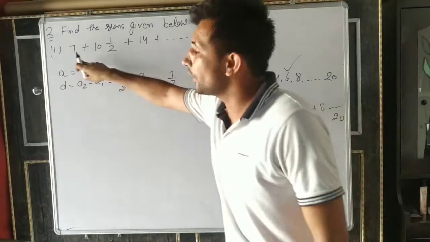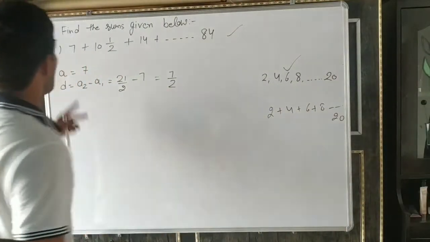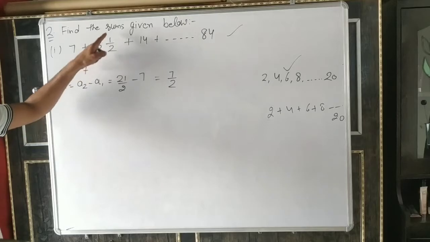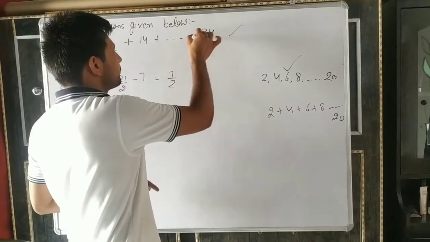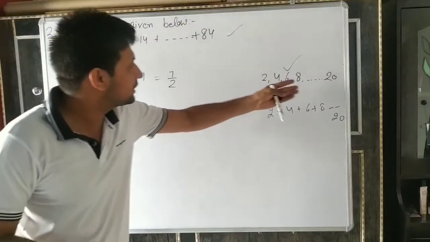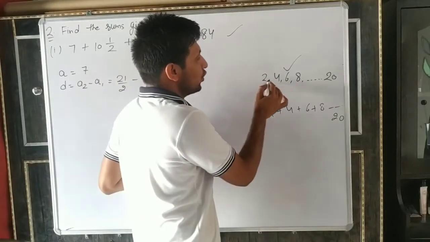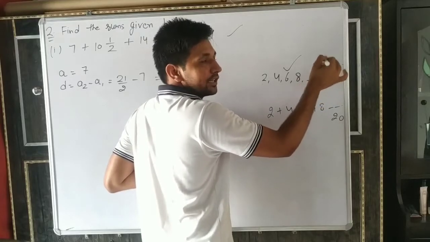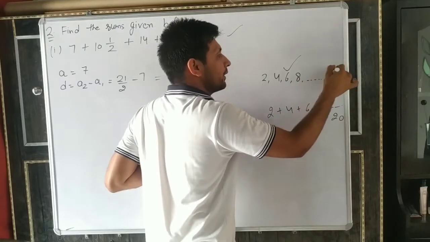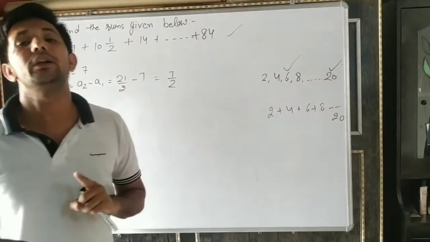So here the AP has first term 7, then 10 and 1 upon 2, then 14, and dot dot dot, and the last term is 84. It is like this one: 2, 4, 6, 8, 10, 12, 14, 16, 18 and 20. So the last term is given as 20.